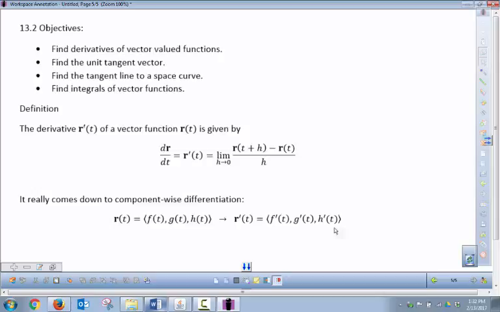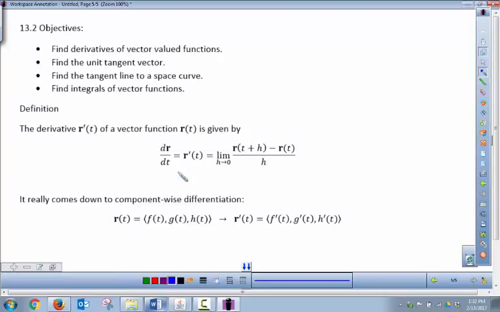The derivative is fairly simple. It's defined by this, which I don't know if you remember, unless you're a tutor for Calc 1. This stuff probably went in your head and out by the time you got past Calc 1, which is fine. It's essentially the difference quotient, and there's some nice analytic geometry behind it. But the bottom line is that the derivative of a vector-valued function is essentially taking the derivative of each of the components.